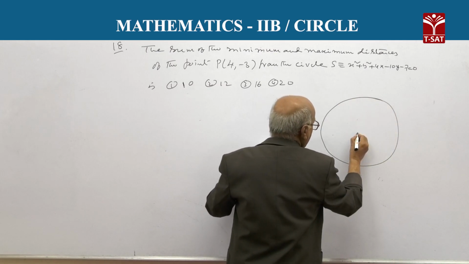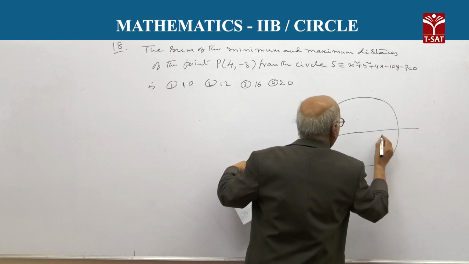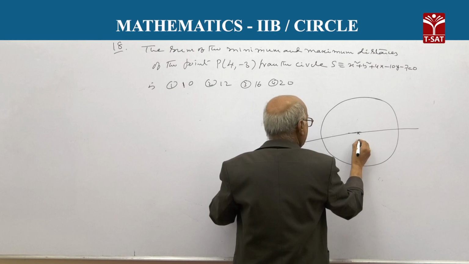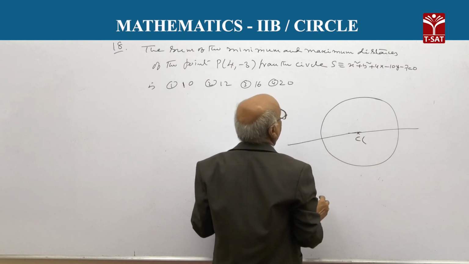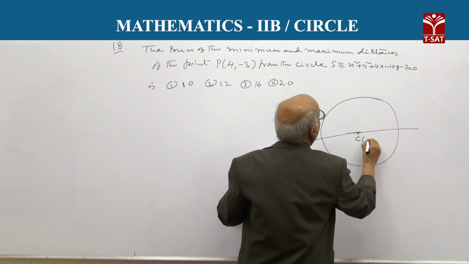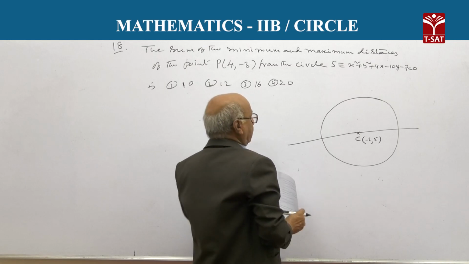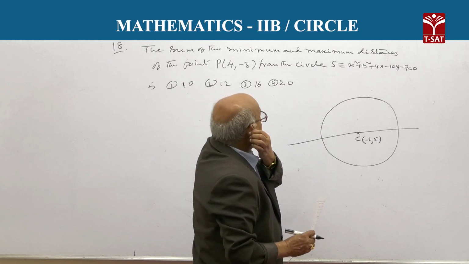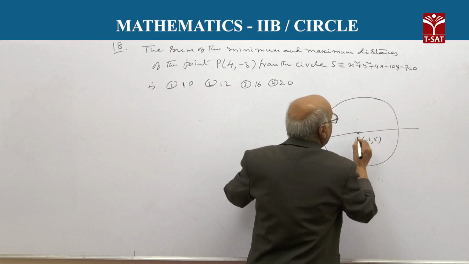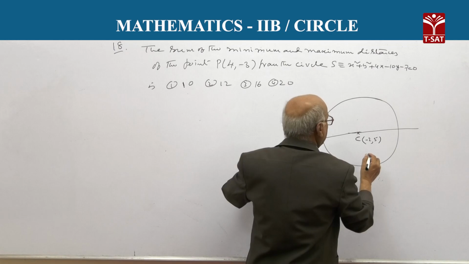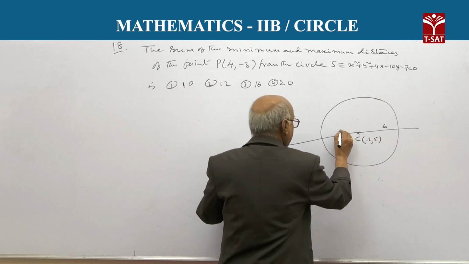C is the center of the circle, which is (-2, 5), and radius is the square root of 4 + 25 + 7, which is 36. So the radius is 6.